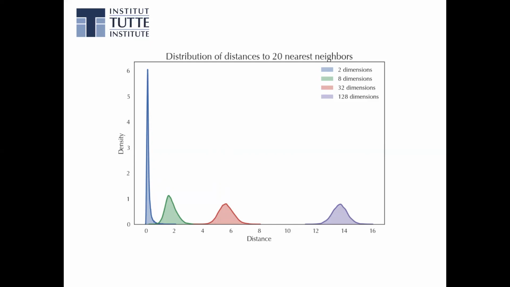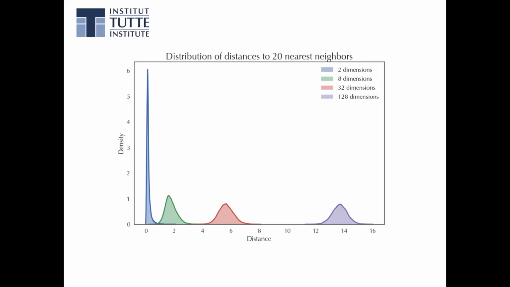That's the blue. It's a very tight distribution, kind of near 0. In 8 dimensions, in the green, it sort of slides up a little bit. By the time we're at 128 dimensions in purple, in general, most of your distances are all in the 12 to 16 range. They're quite large. And as you get higher and higher dimensional, you're just going to get further and further out. The majority of distances are all just large.